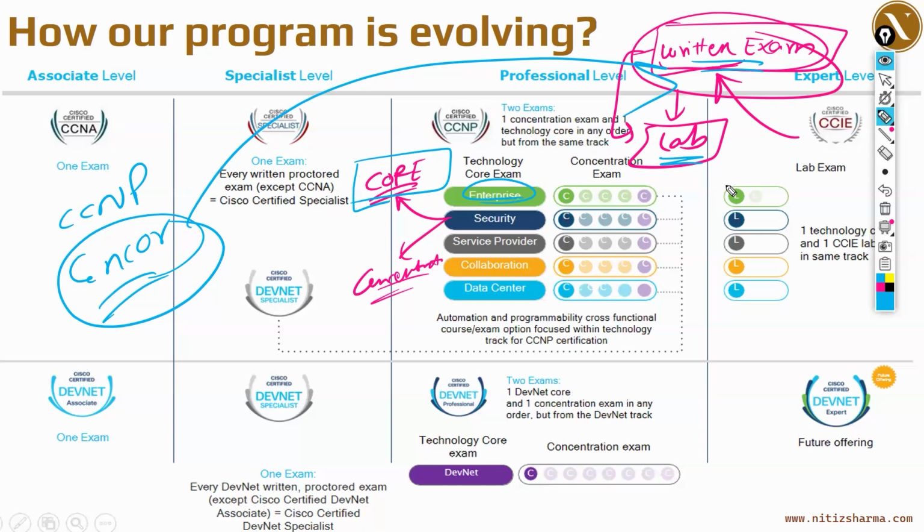If you are preparing for your written exam, or your CCNP core exam, you will find that it will cover everything. So you need not prepare for CCNP separately or pay for that. Along with CCIE EI, you will be preparing yourself for your CCNP core. Is that clear? Right? So we prepare in such a way.